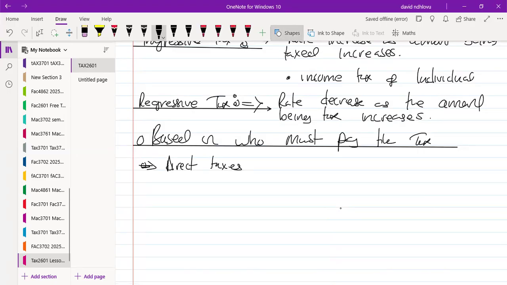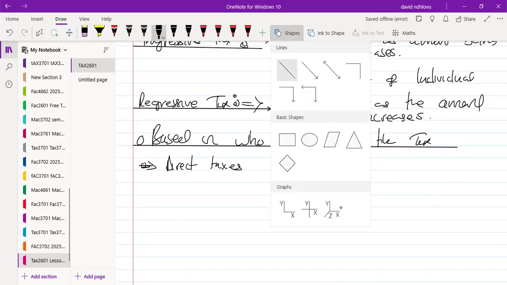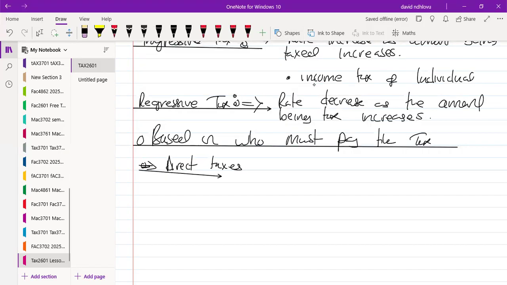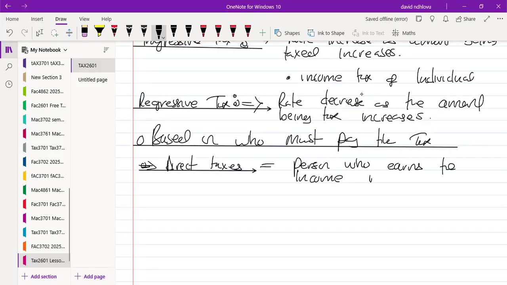When we talk about a direct tax, we are saying the person who earns the income has the burden of taxation. The person who earns the income has the burden of administration.